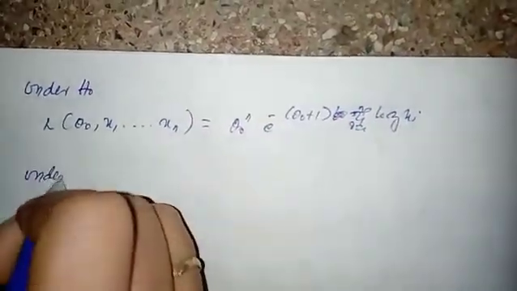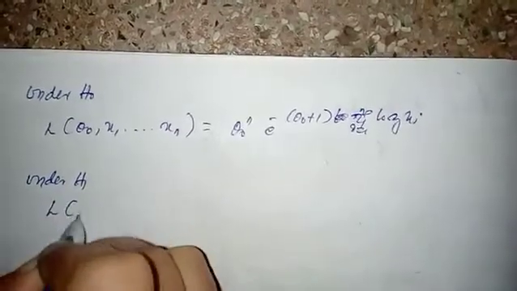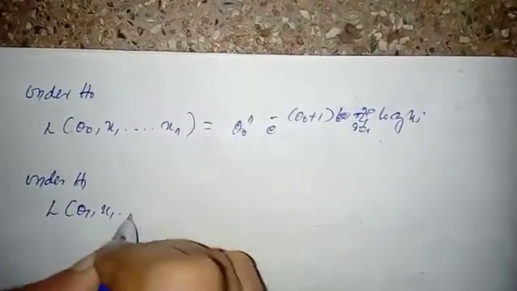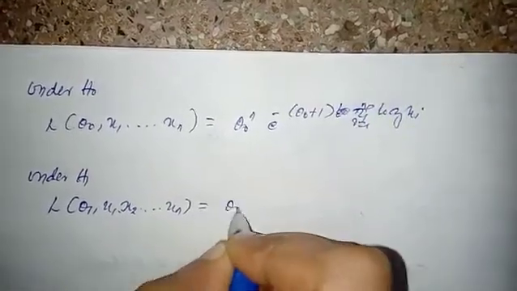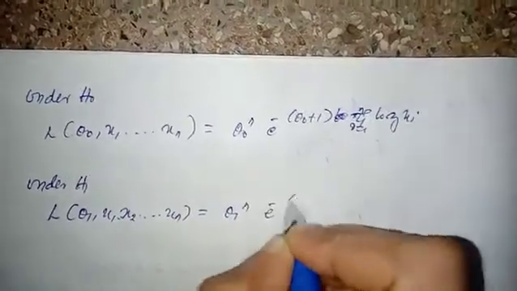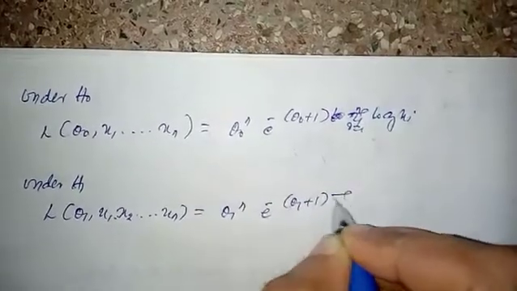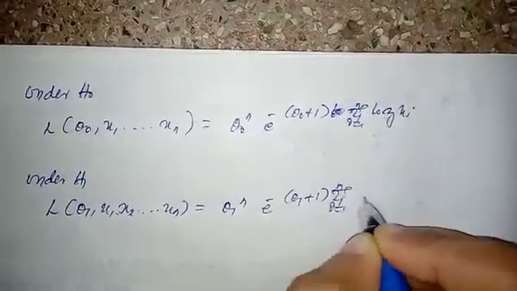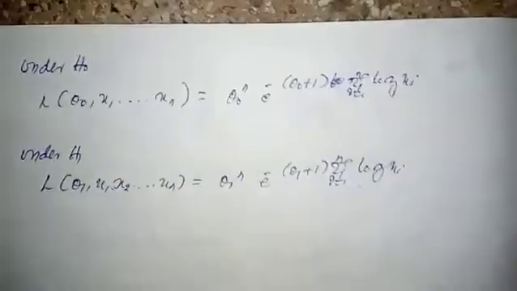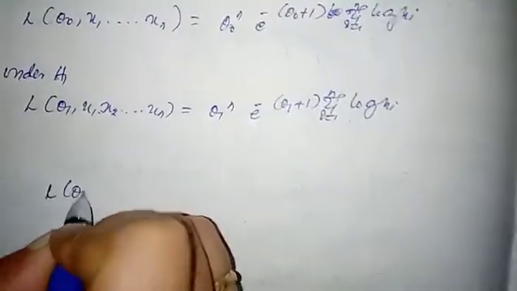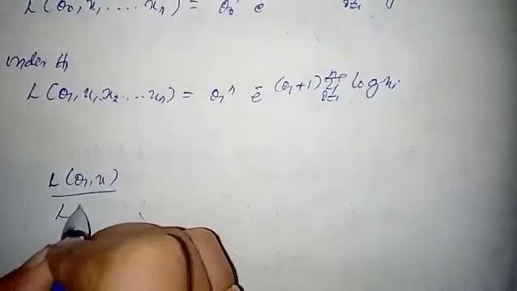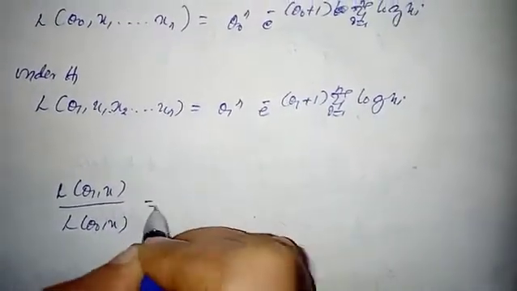Then under H1 the likelihood theta 1; x1, x2, and so on, xn equals theta 1 power n e power minus theta 1 plus 1 summation i = 1 to n log xi. So then we have to take the ratio, right? That is the likelihood under H1 divided by the likelihood under H0, right?